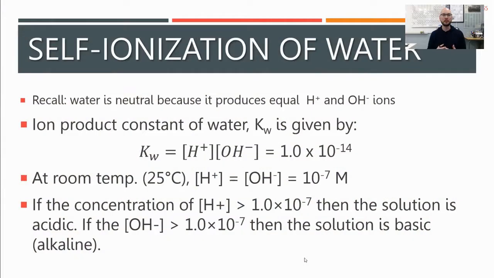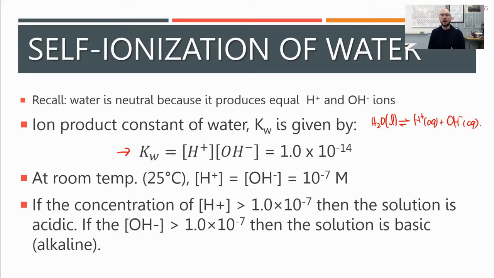Okay, welcome back. So we've got a couple more slides to go through here that depend on this idea of self or auto-ionization of water. So remember that water, just a cup of water or a glass of water sitting by itself, undergoes this process where it splits up into H plus ions and OH minus ions, right? So H2O liquid breaks down in equilibrium here into H plus and OH minus.